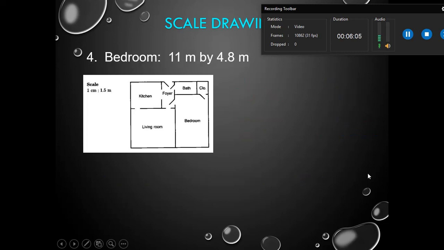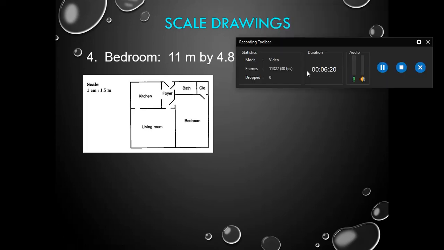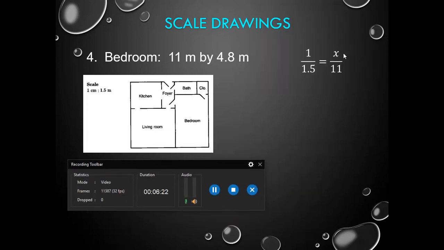The last room is the bedroom. Again, you'll notice they gave you the dimensions in meters. These are the actual dimensions for the bedroom. We're going to find the dimensions of the scale drawing. So I'm going to continue to use 1 centimeter is to 1.5 meters. And again, I'm missing the centimeter dimension. 11 is the real length. So again, I'll cross multiply. 1.5x equals 11, and then we'll divide both sides by 1.5.